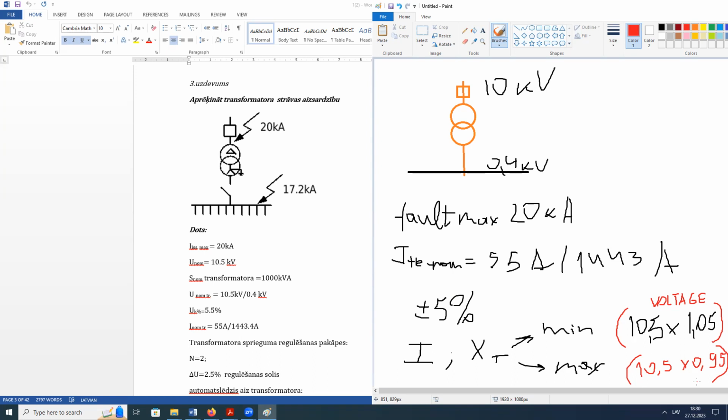We use maximum current or minimum resistance values. When we check the sensitivity, we always use minimum current or maximum resistance values.